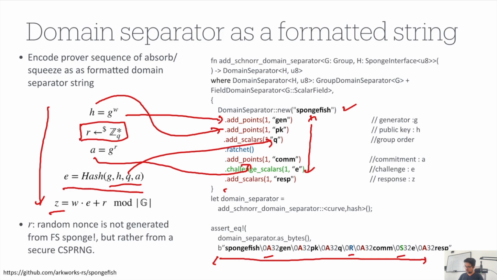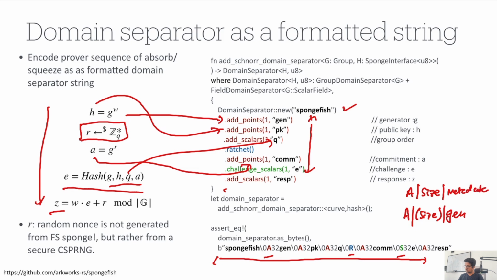The formatting is that for a given operation you have an operator indicator, then the size, here 32 bytes so I put 32, and then you have the metadata, which is the label. Generally speaking, you have the operation, then the size, and then the metadata.